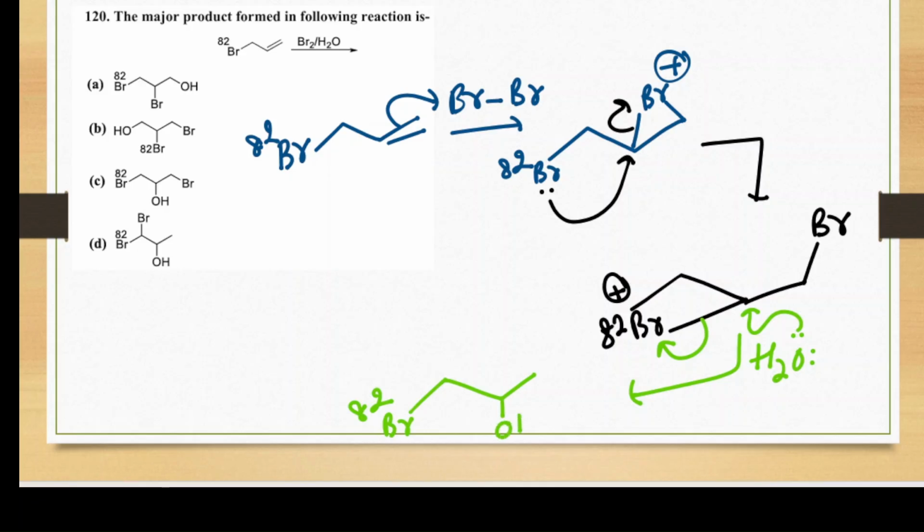Here it will be this OH that has attacked, and CH2 and this Br group will be present. So this is the final product that we are getting. So you can see it from your options, isotopically labeled bromine, then the OH and the Br. So this is in option C we are getting it. So the correct answer is option C for this one.